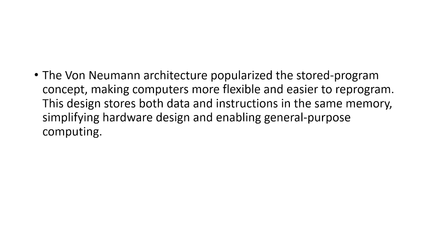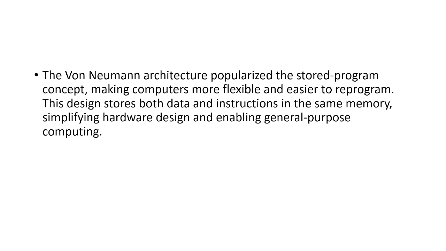We are discussing the von Neumann architecture because it is one of the popularized stored program computers, and it is flexible in that we can reprogram the software as per our needs. The most important point is that the design is made to store both the data as well as the instructions in a simplified memory.